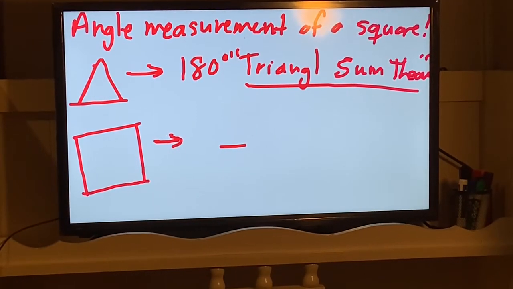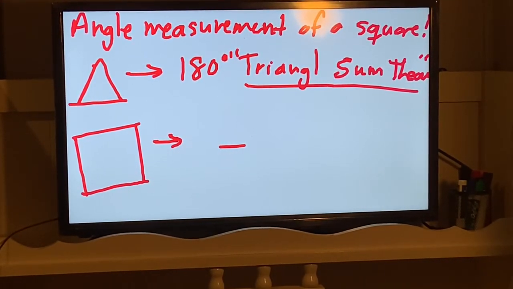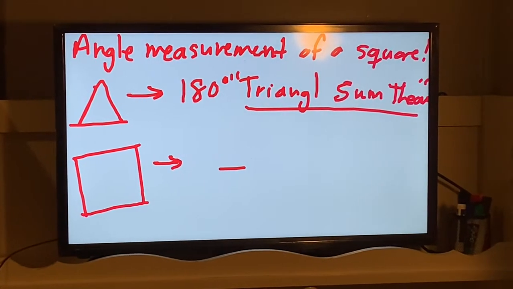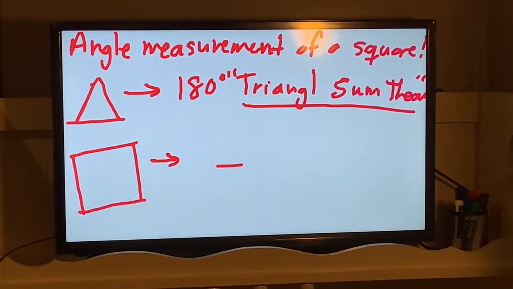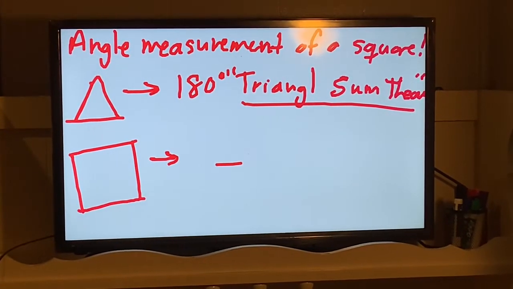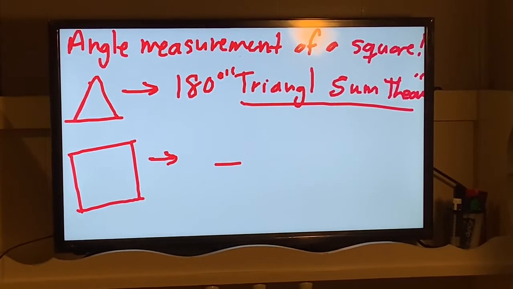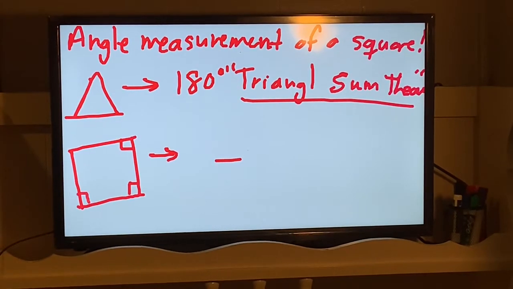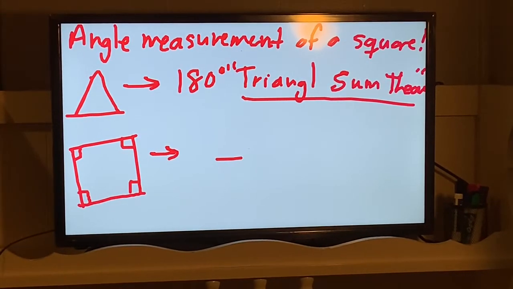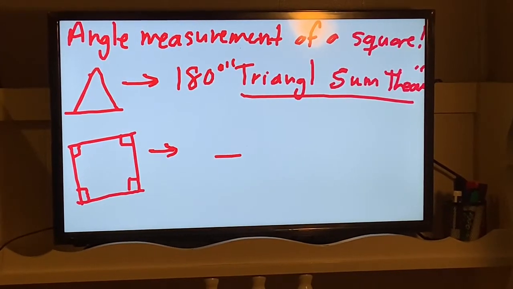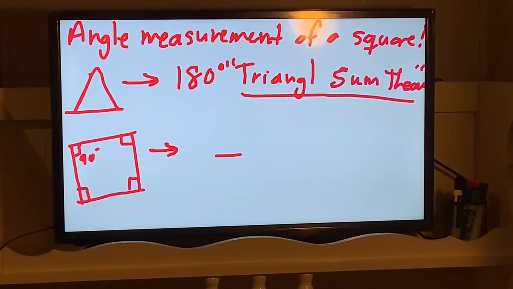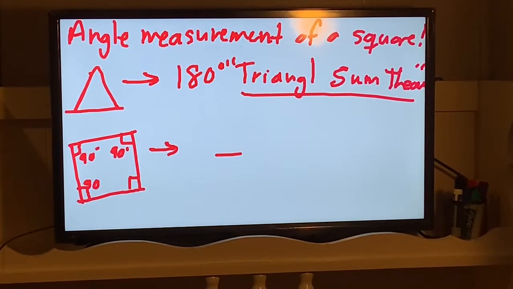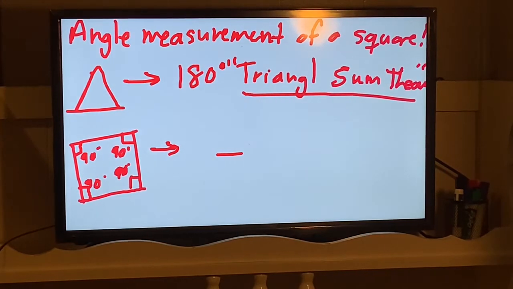There are various ways for you to figure this out, so I'm going to give you 2. Both are right, whichever one works for you is fine. You should automatically see that I have a 90-degree angle here, a 90-degree angle there, here, and here. So this means I'm doing 90 degrees plus 90 degrees plus 90 degrees plus 90 degrees.